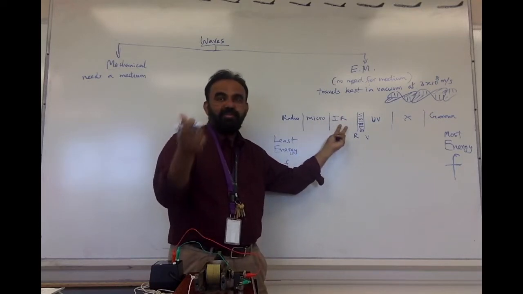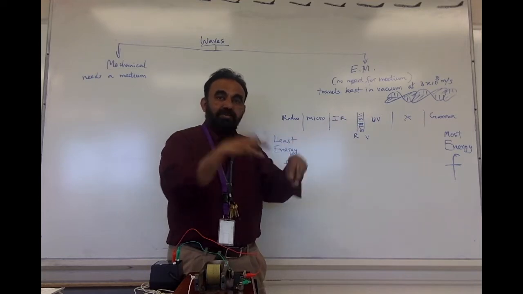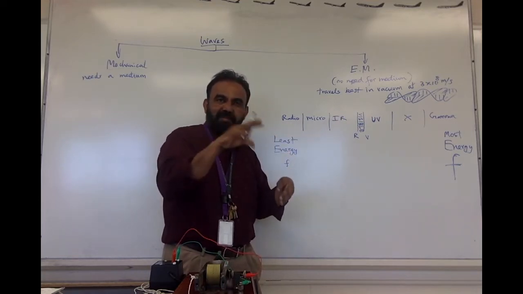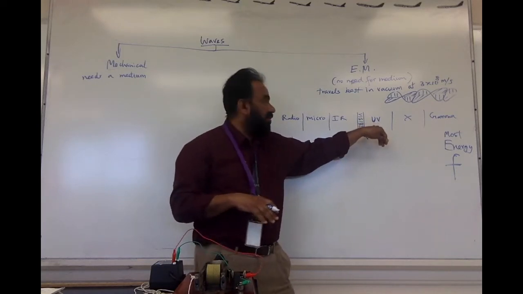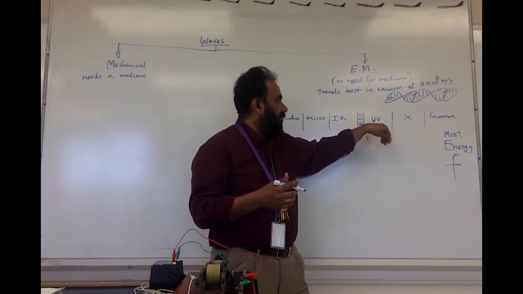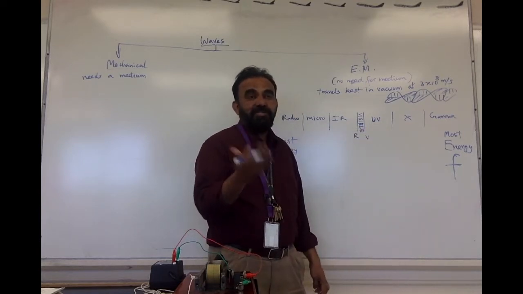Infrared for remote controls and for infrared cameras and for infrared physiotherapy and all that stuff, like for some heat radiations that's used. UV is used for killing germs because it can kill cells.